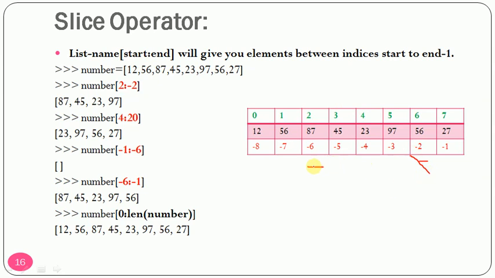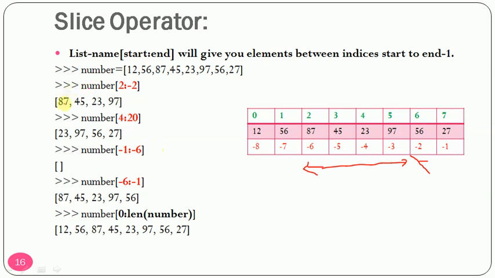We need to take elements from this location to this location, that means from index 2 to 5. So it is 87, 45, 23, 97. This 56 is not taken because this is the stop value, the end value. So you have to go till the end minus 1.